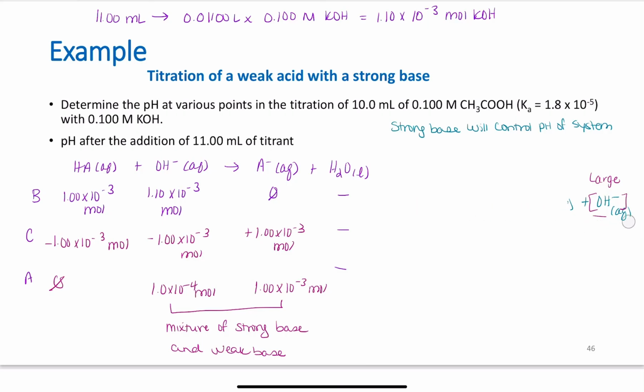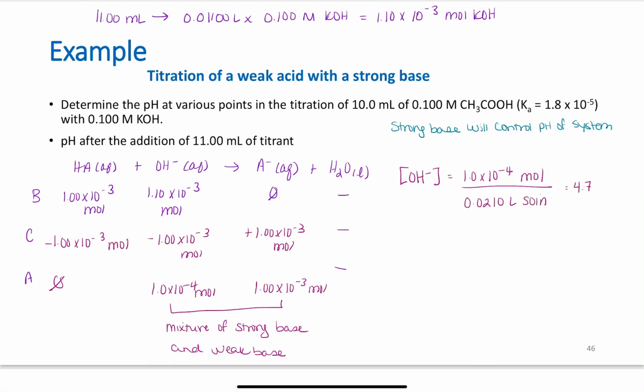So this actually makes the pH calculation of this solution a lot simpler. All we need to find is the concentration of hydroxide we have in solution based on that strong base. We have 1.0 times 10 to the minus fourth moles of strong base left, and in total, at this point, we have combined 10 mL of acid and 11 mL of base, a total of 21 mL of solution, which is 0.0210 liters of solution.